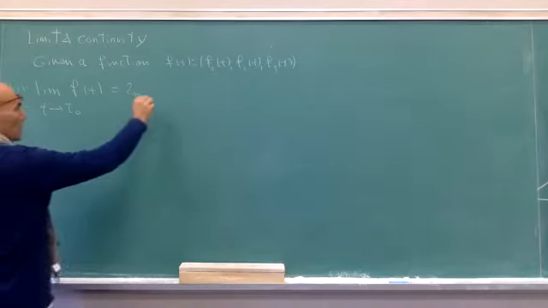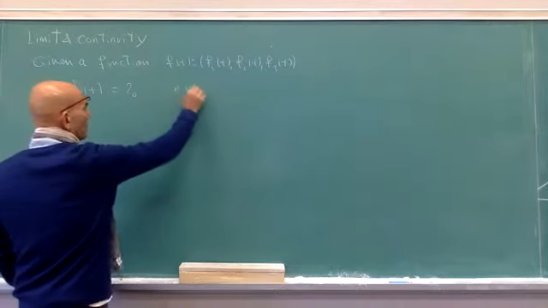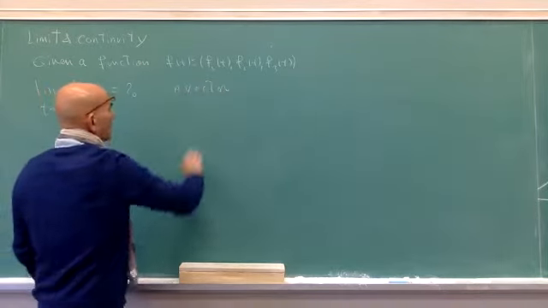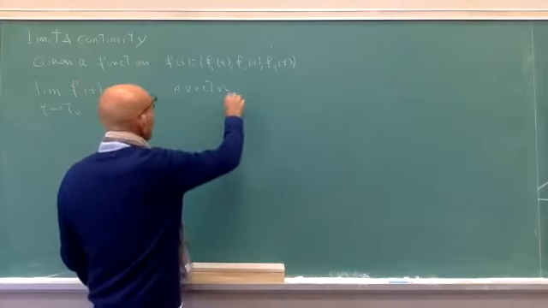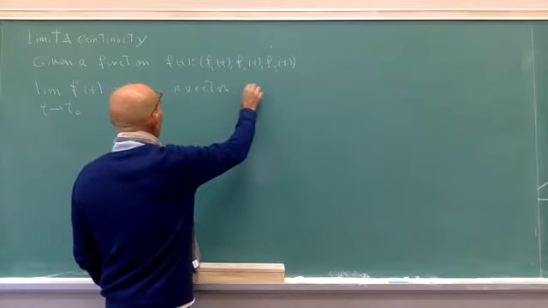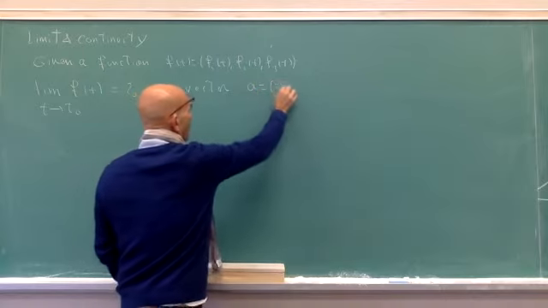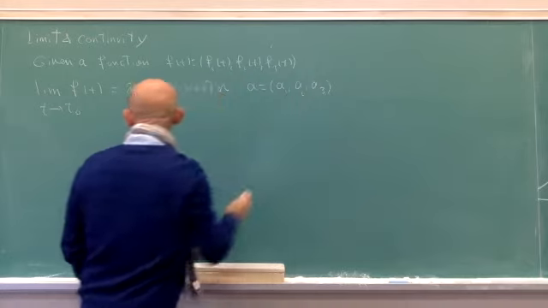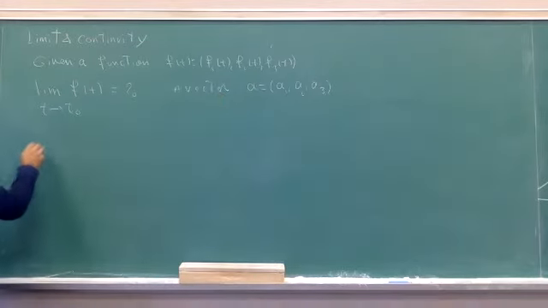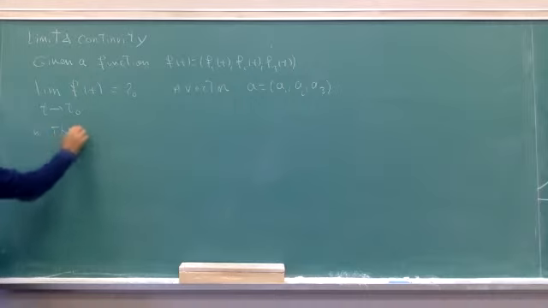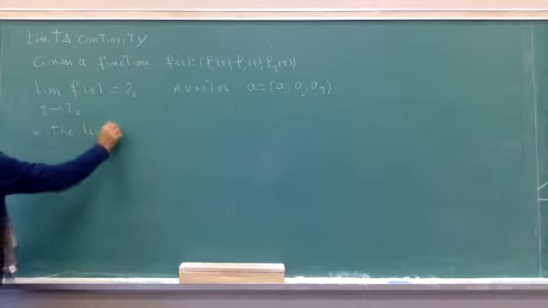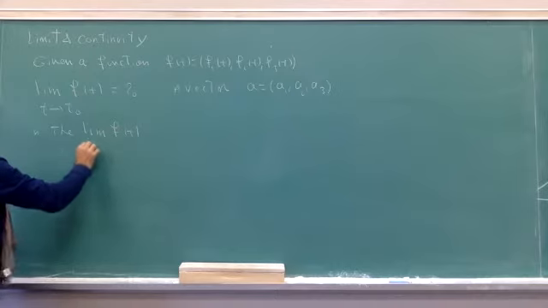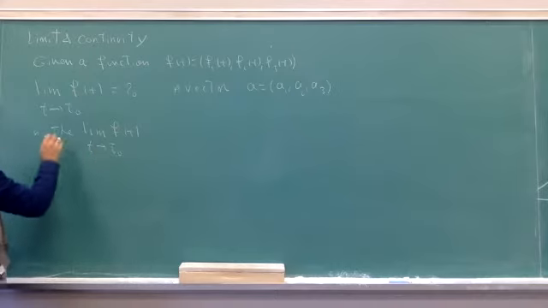A vector, say I can just write A equal to A1, A2, A3, is the limit of f of t as t goes to t0.